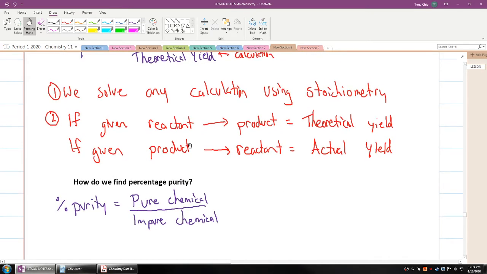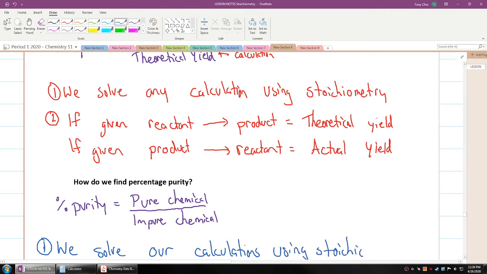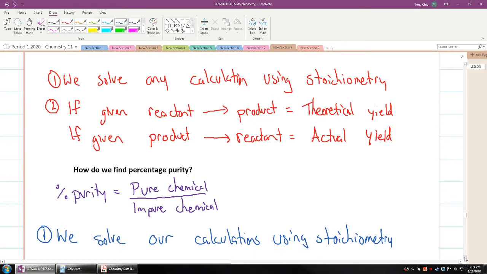So in this case, again, we want to solve. So step one still is we solve our calculations using stoichiometry still. So we want to always get from one thing to the other.